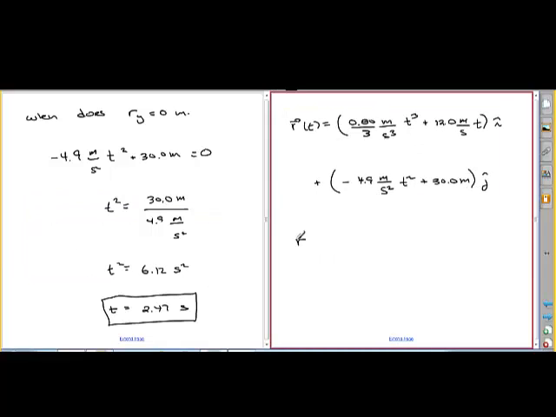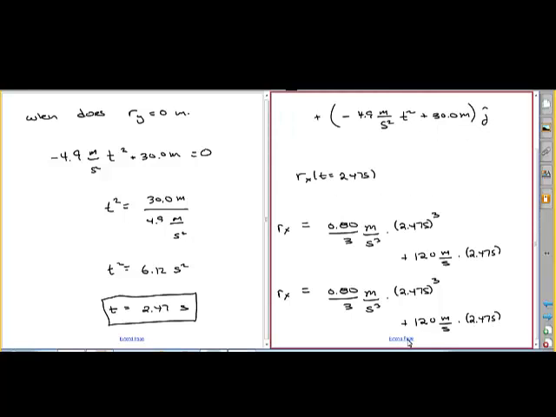So what I'm looking for now is r sub x at t equals 2.47 seconds. All I do is take the x component. So r sub x is equal to 0.80 divided by 3 meters per second cubed times 2.47 seconds, quantity cubed, plus 12.0 meters per second times t, which is 2.47 seconds, and that's going to give me a number.